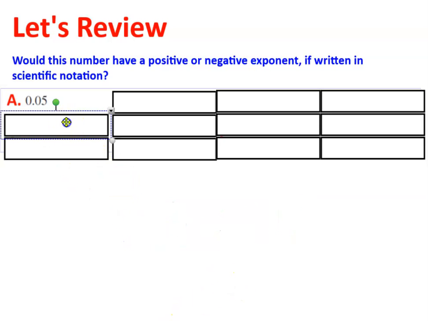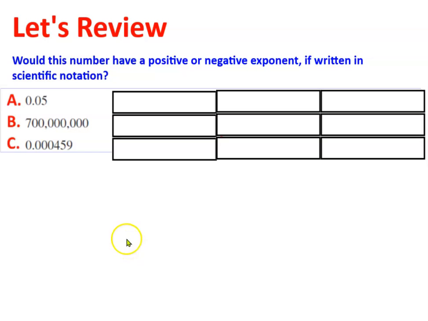How about this one? That's a large number. So large numbers have positive powers of 10. So the answer is positive exponent. This one's smaller than 1, so it would have a negative exponent. This one's larger than 1, positive exponent.